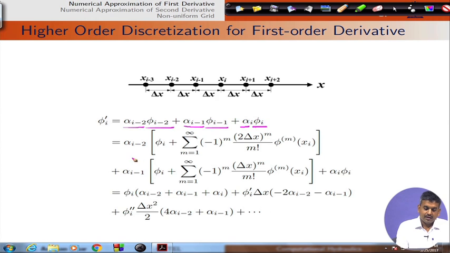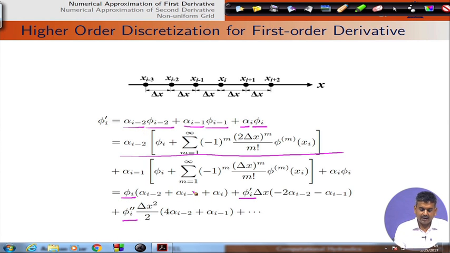Then with Taylor series expansion around point phi i, we can write like this, and we can check the coefficients of phi i prime, phi i double prime. In this case we do not have any phi i term in the left hand side.